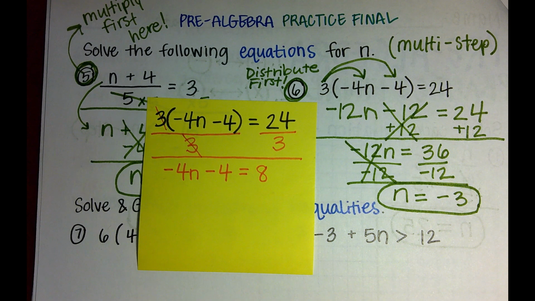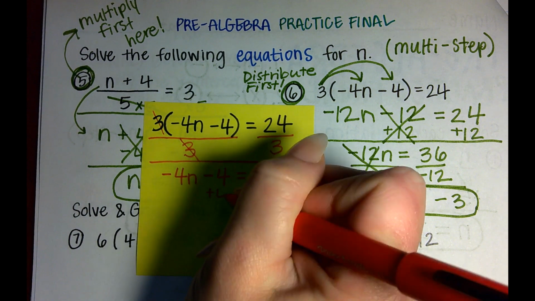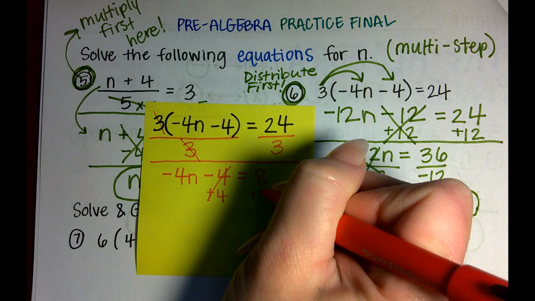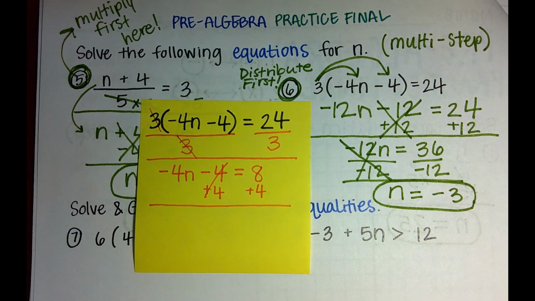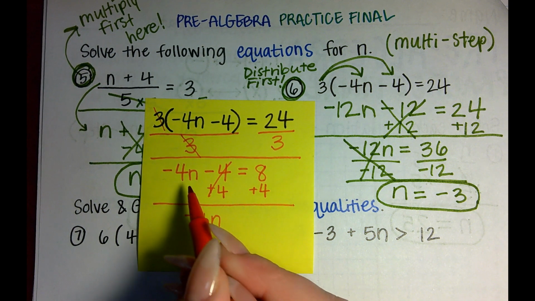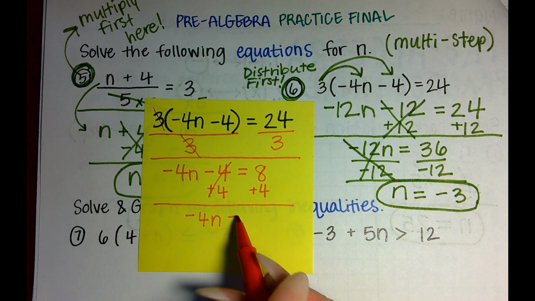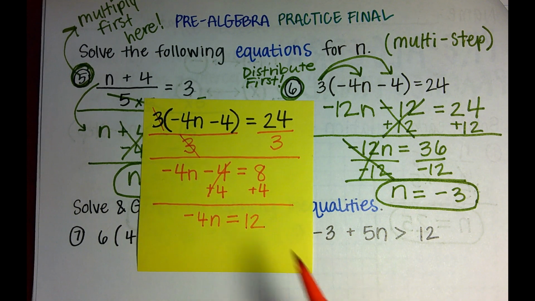You add 4 on each side. Good. We'll add 4 to both sides. My negative 4n comes down, equals comes down. 8 plus 4 is 12.